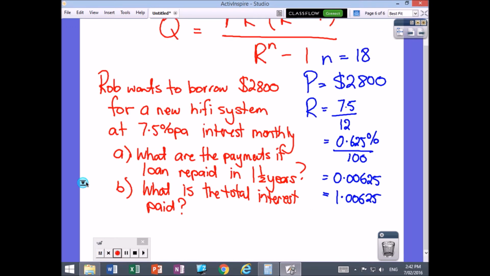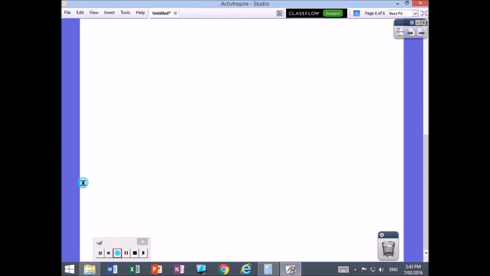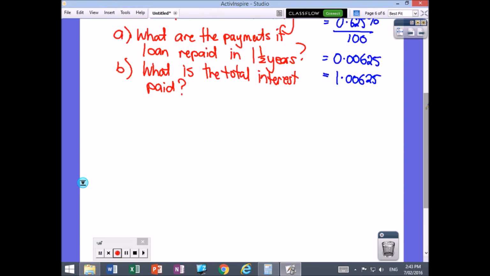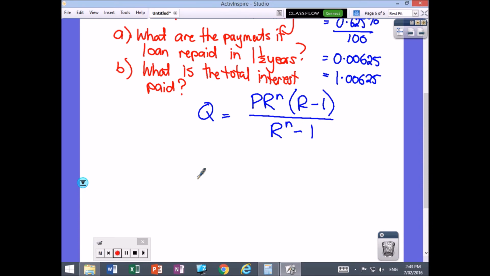So if we just map this one out, I'll put the formula again just so that we're solid on that. P R, now if I put this together, let's see how I go here.